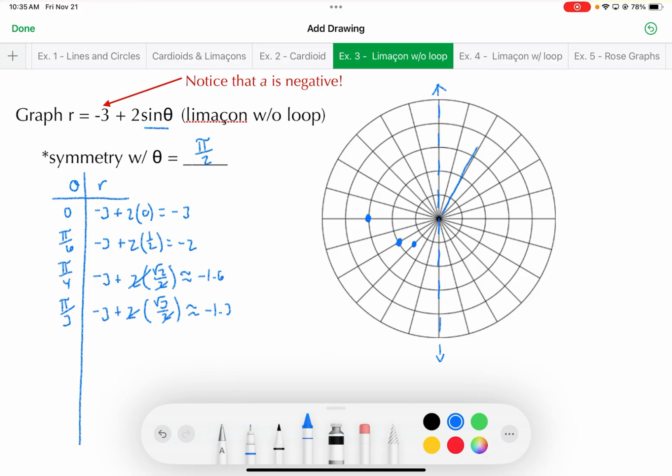Go back 1.3 in the opposite direction. Okay, then we've got pi over 2 next. This is -3 plus 2 times 1, which is going to give me -1. Okay, so here is pi over 2. Go back 1 unit in the other direction.